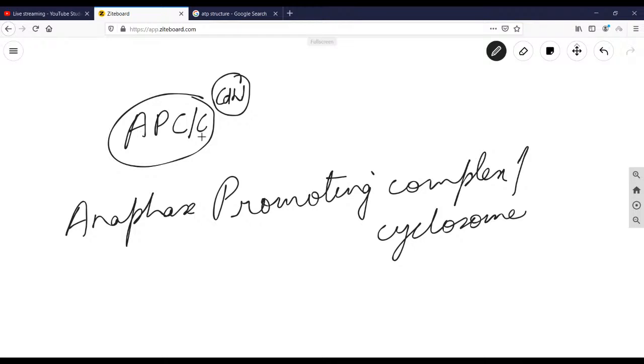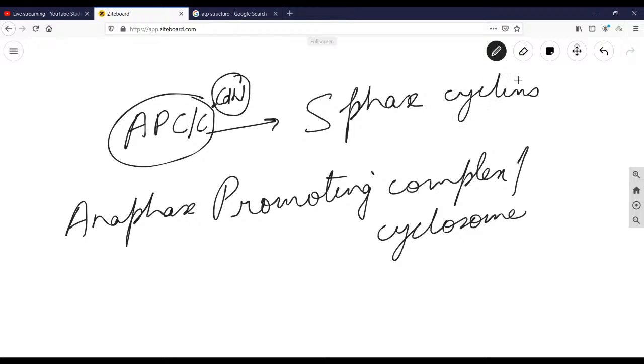When APC/C is attached to CDH1, then it can recognize the S phase cyclins, and it will be able to phosphorylate the S phase cyclin.